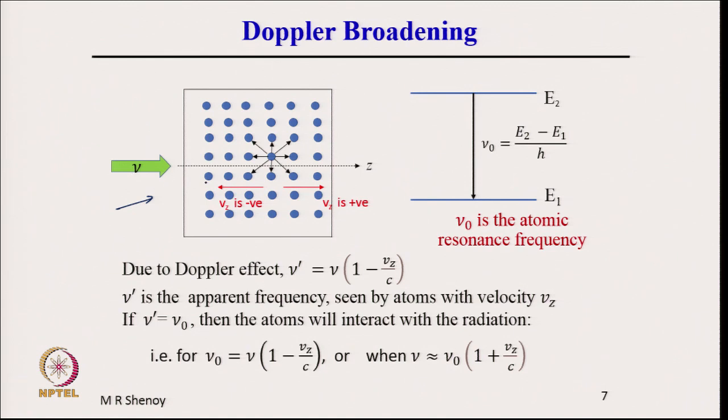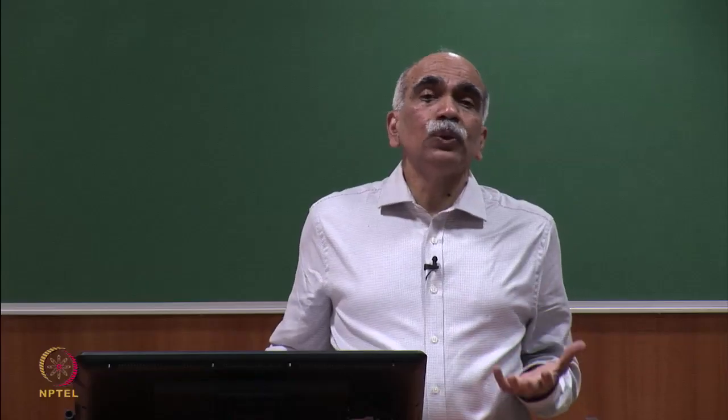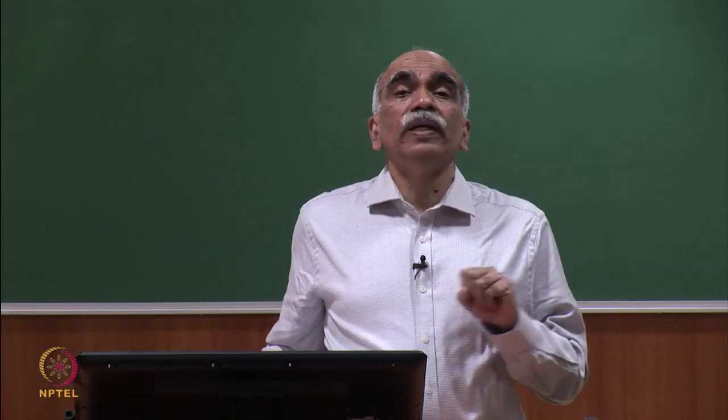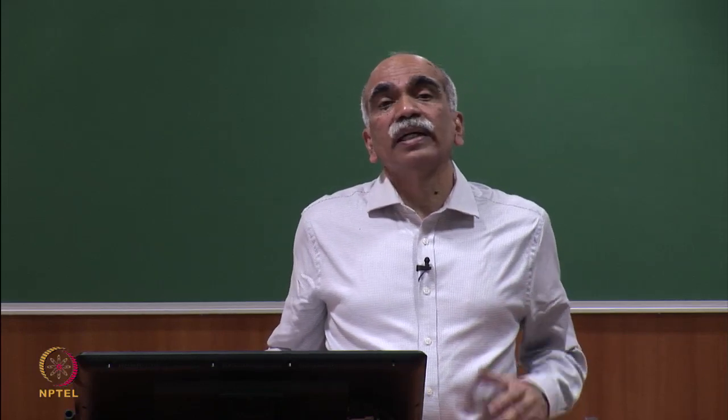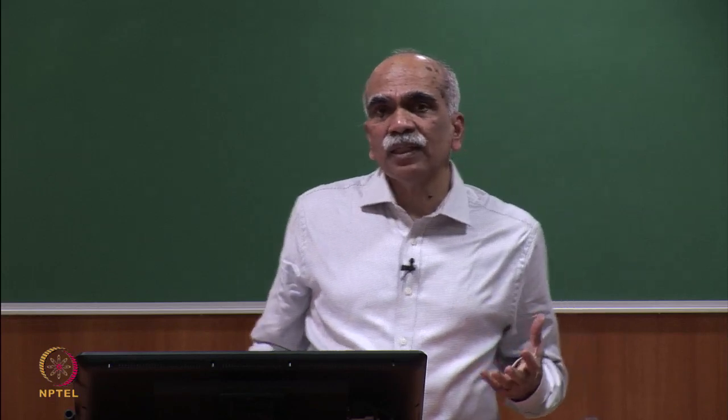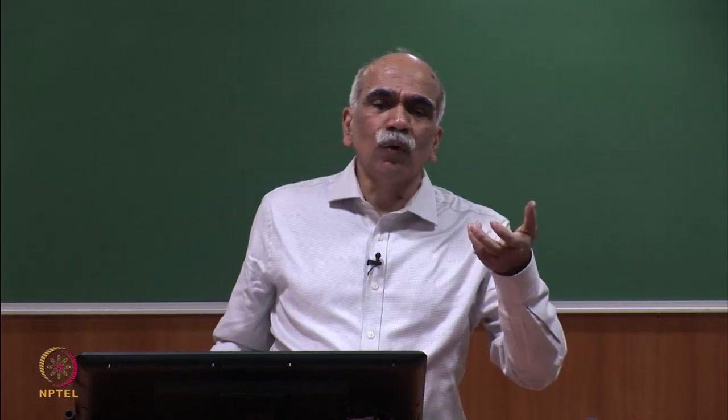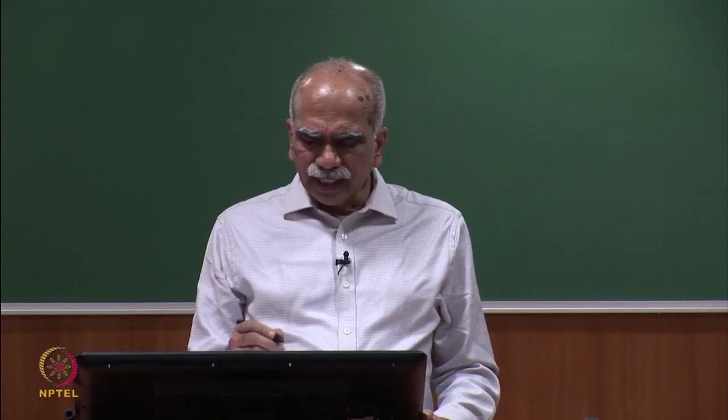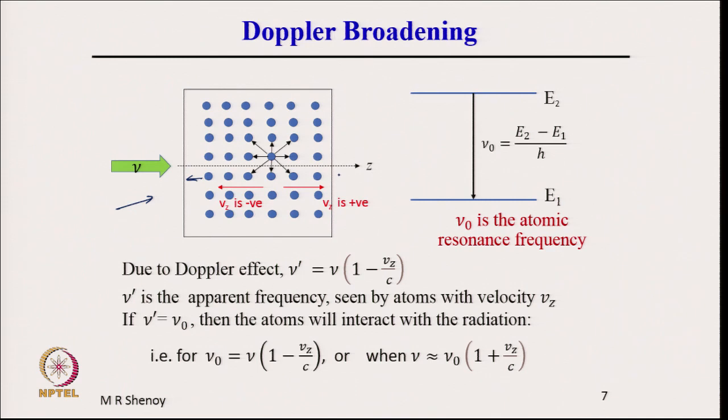This is a collection of atoms where the atoms are right now shown as if they are in a fixed lattice, but the atoms could be moving in any of these directions, even in solids, because in solids atoms are held in place due to elastic bonds, and atoms are always in a state of oscillation or agitation, and therefore, at any given instant the atom may be moving from one side to the other side, and then it will have a finite velocity component in the direction of the incoming radiation.